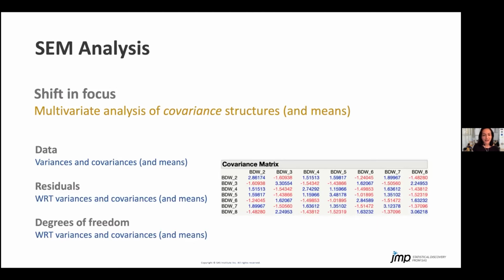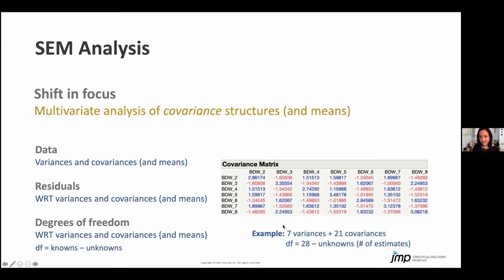And so usually in SEM, we say that the degrees of freedom are the difference between the knowns and the unknowns. That's the classic way in which people talk about degrees of freedom. And what that really means, if we look at the example that we have here with 7 variables, is we have 7 variances and 21 unique covariances from our sample data. And that's what we're basically going to give the program to run an SEM.